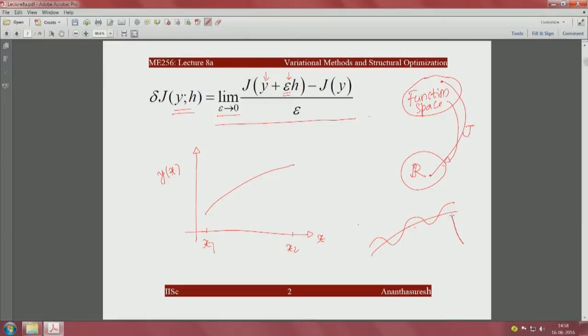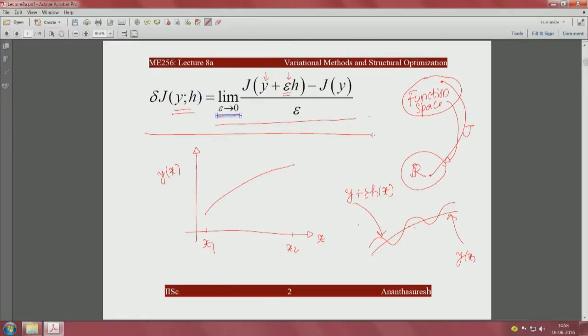So, if this is my y of x, this squiggly line over it is y plus epsilon times h of x, where h of x is an arbitrary thing, you can make it whatever, multiply by a small number because epsilon tends to 0, right. That is how Gateaux variation is defined mathematically.